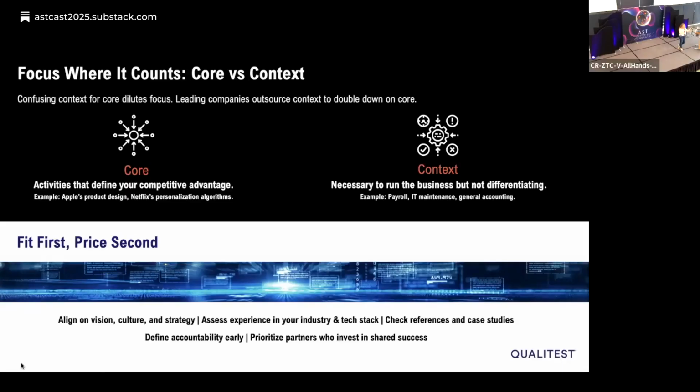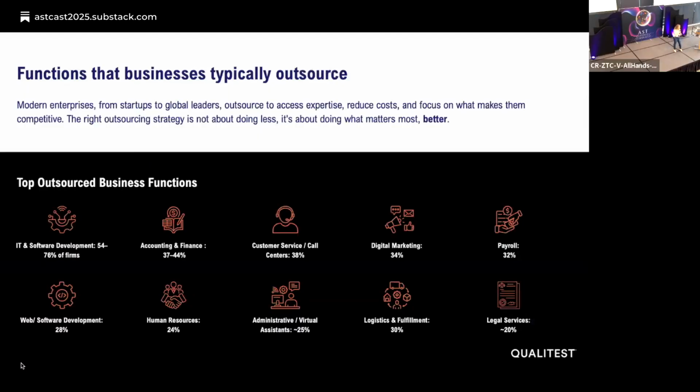When you are looking at engaging with a partner, you want to figure out what the desired outcome is and make sure that you're both aligned. So it's really about figuring out what is core versus context. Obviously, I think we're all in IT here, I'm assuming. Maybe I'm wrong, but I'm pretty sure most people are in quality and IT. But here are some of the other areas that are commonly outsourced.